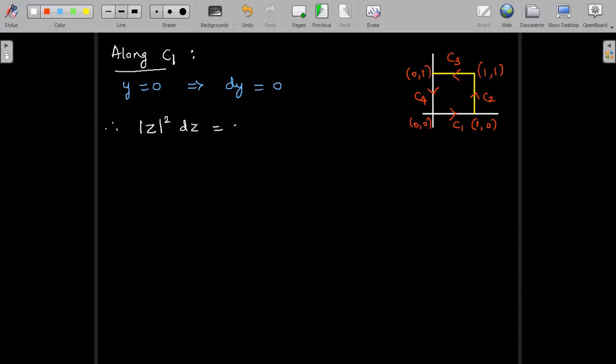So it is x square plus y square, and y is 0, no? Since y is 0, this will be x square plus 0 square into dx. Again in the rough work, I'll just mention and recall what was the expression for mod z square dz, which was already solved in the previous page for us.